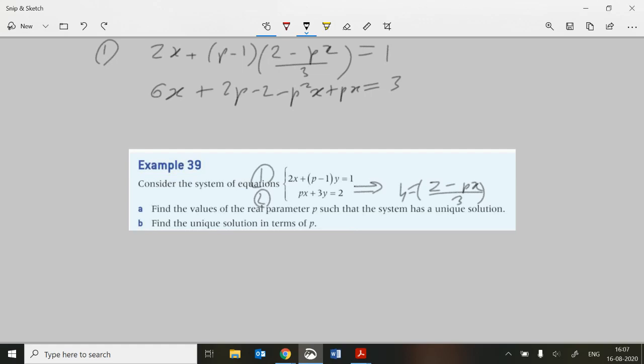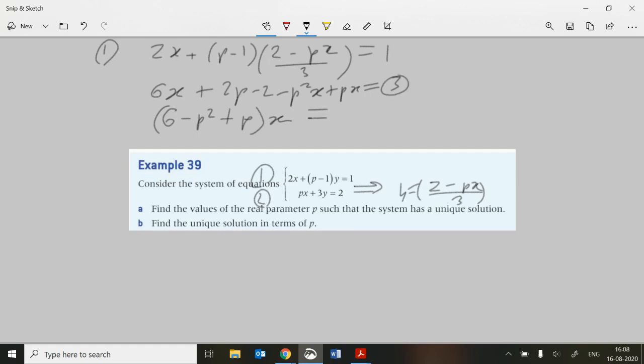So let's bring out, I can see I've got x involved in each of these three terms. So I've actually got 6 minus p squared plus p lots of x. And then let's take all of the other stuff to the other side.